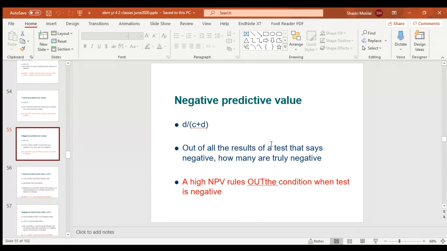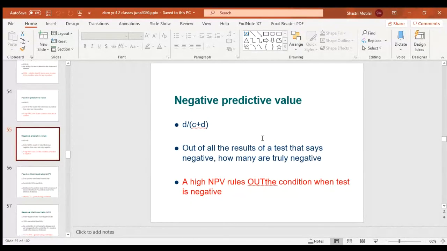Out of all the people who have a negative test, how many are truly negative? So if C plus D was 100 people with a negative test, and 40 of them had a true negative result, then the negative predictive value was 40%. That doesn't sound very good.